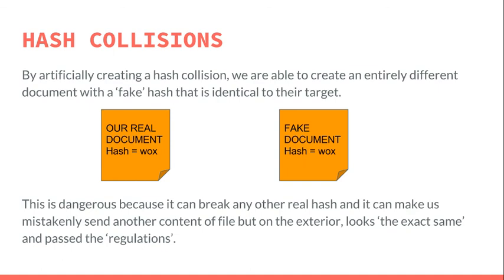For example, let's say that we are sending one person to the FBI. Of course, not just anybody can go into the FBI, right? So this person who goes into the FBI will have an access code. Their access code is WOX.